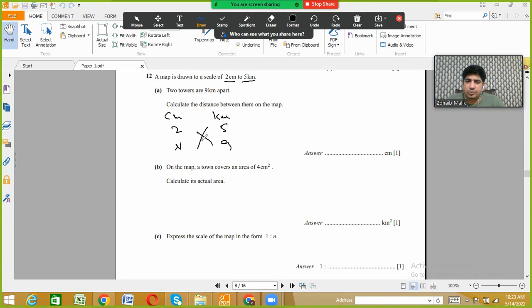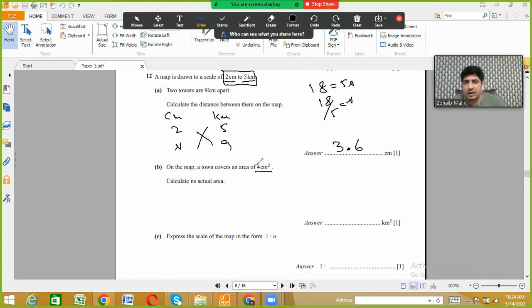So let's do cross multiply. This would be 18 is equal to 5x. So x is equal to 18 over 5, which will definitely become 5 3 are 15 and 5 6 are 30. So 3.6. On the map, a tower covers an area 4 centimeter square. Now basically we have to use this scaling, and there now they have started talking about the area which is in centimeter square.